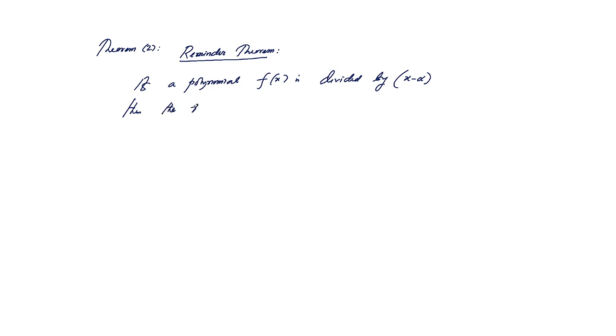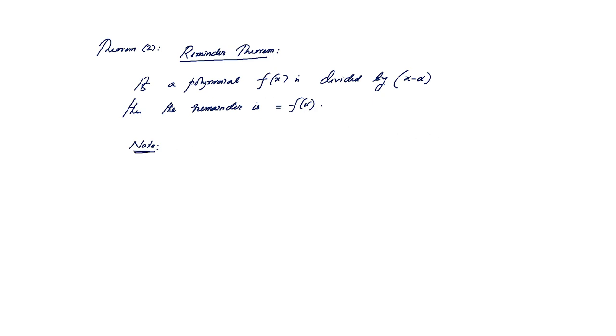The remainder is equal to f(alpha). This is the simplest theorem through which we can find the remainder of a polynomial when it is divided by x minus alpha.